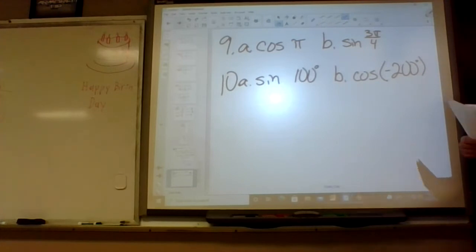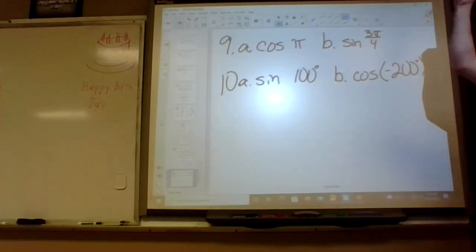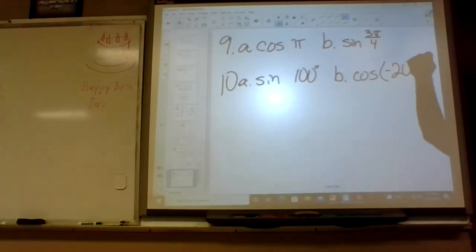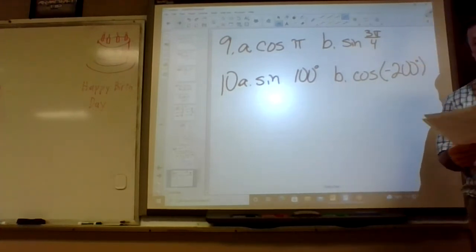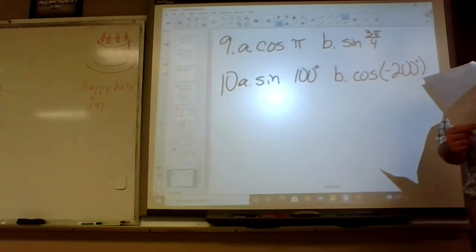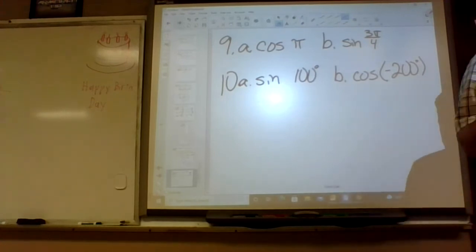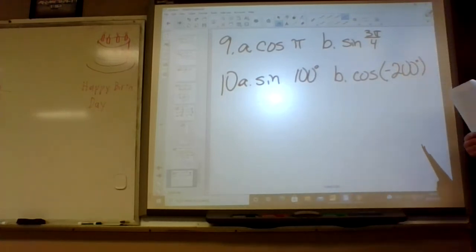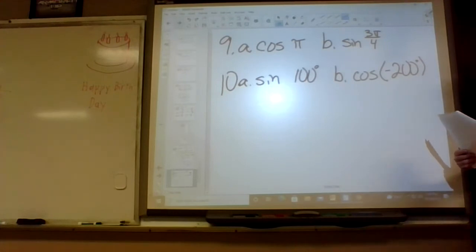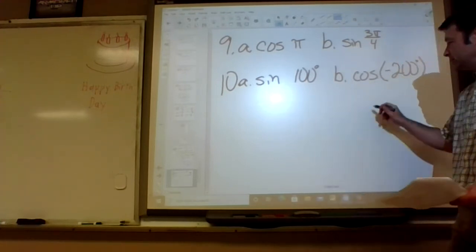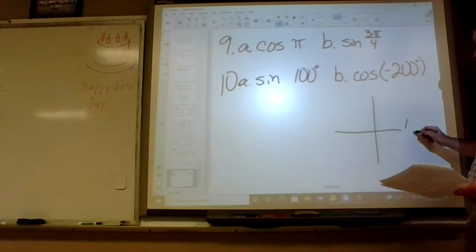So cosine of pi. What if we do it and then just check it with our calculator?